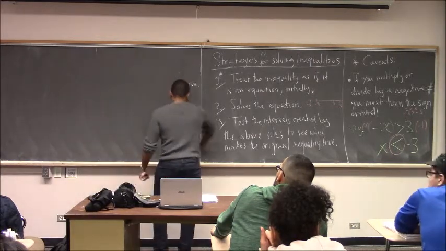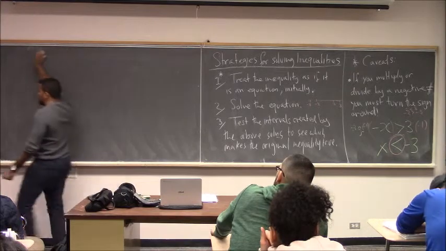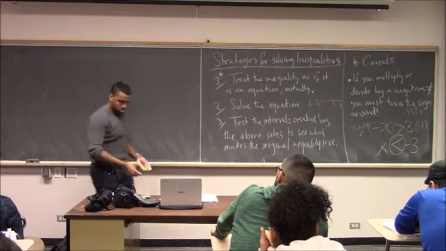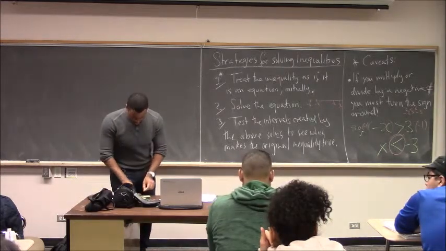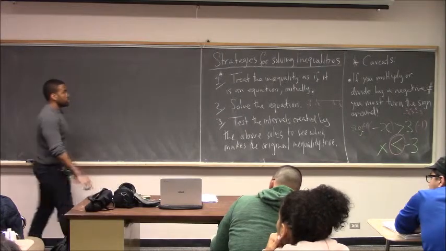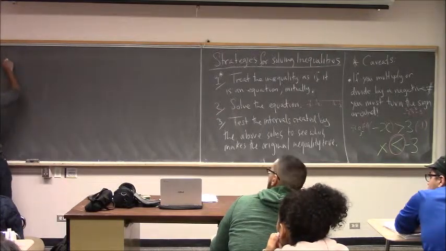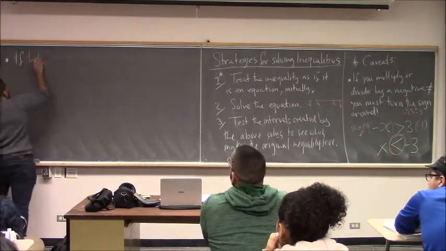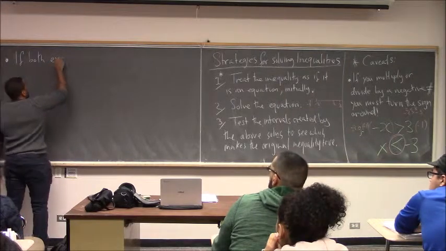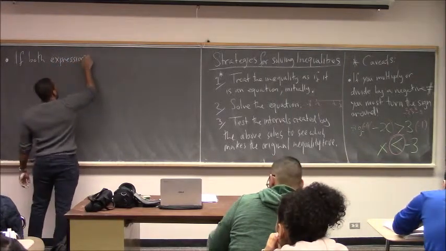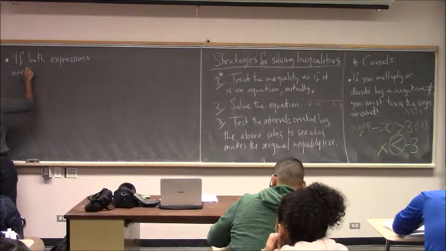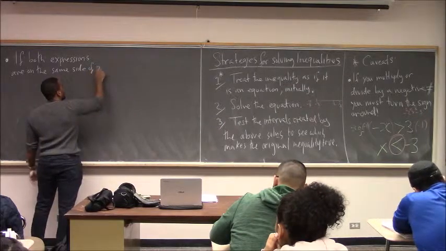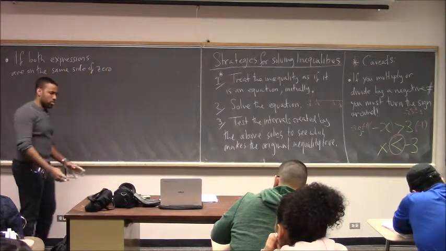There's another way in which an inequality differs from an equation, in the sense that there is another maneuver for which you have to turn the sign around. Does anyone know what it is? This is often a forgotten part of the rule.